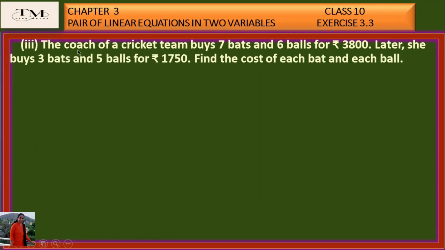It is an important one. The coach of a cricket team buys 7 bats and 6 balls for rupees 3,800. Later, she buys 3 bats and 5 balls for rupees 1,750. Find the cost of each bat and each ball.